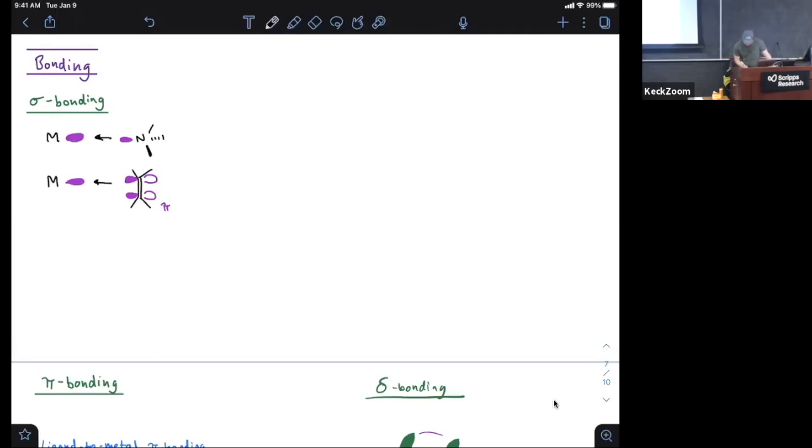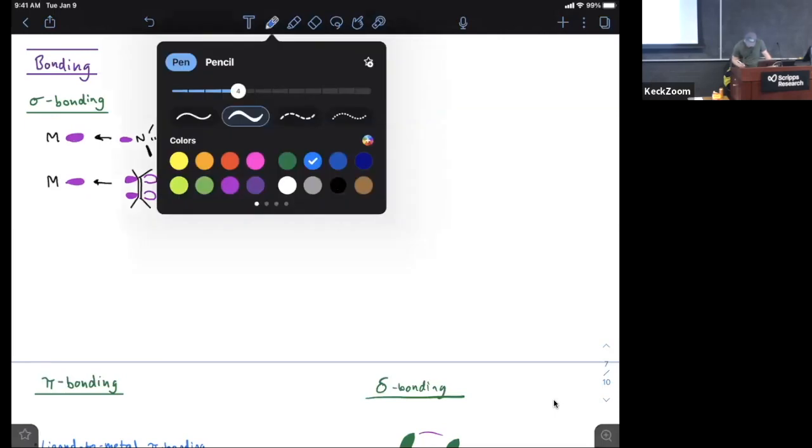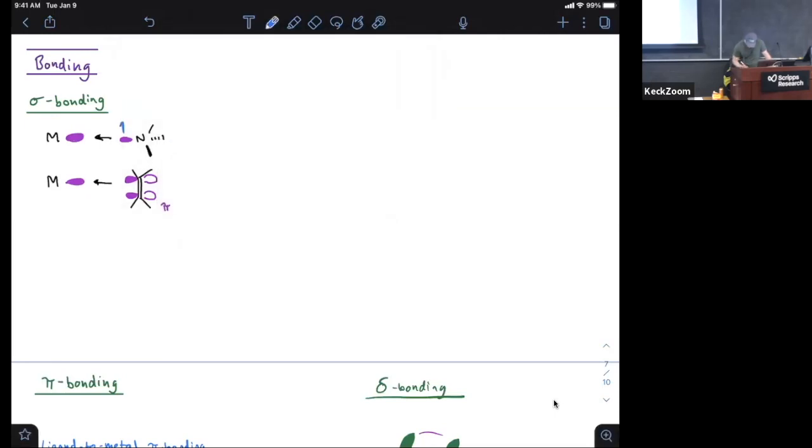Sigma bonding refers to a donating interaction of sigma character between, for example, a lone pair of this amine and an unfilled d orbital of appropriate symmetry, dx squared minus y squared or dz squared. And so that's pretty intuitive.